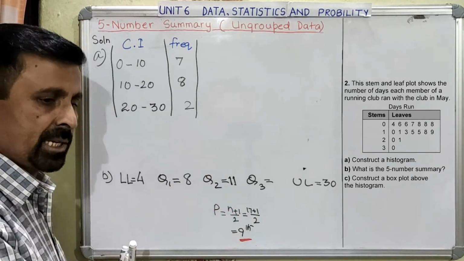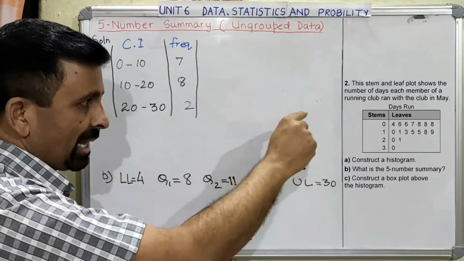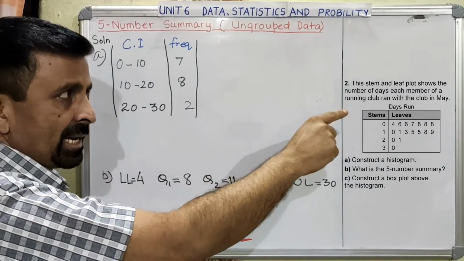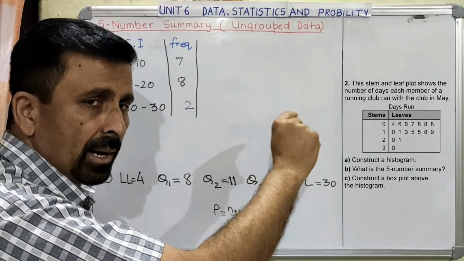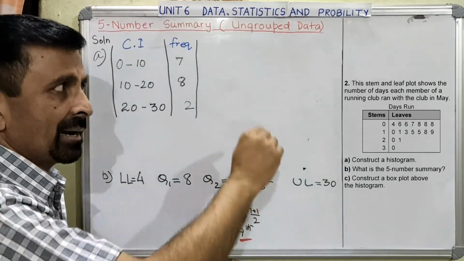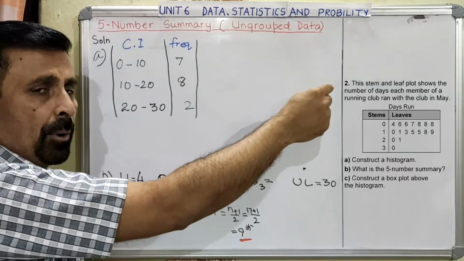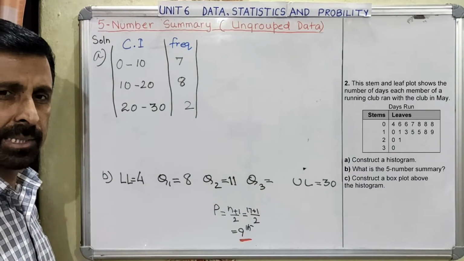Now for this 5th position, it is very, very important from where to count. I told you to underline the 9th data. In the second stem part, the second data was your 9th data, so you have already underlined the 1. That is the point from where you will start counting for Q3.